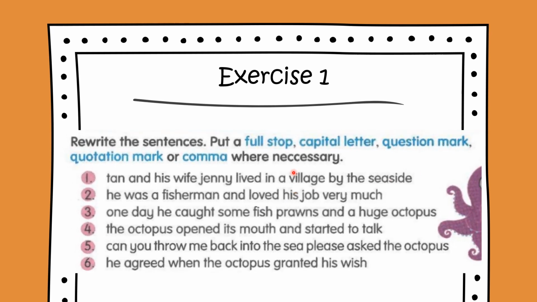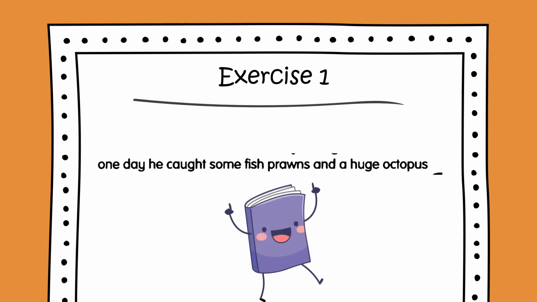So by now, I hope you have fully understood the correct usage of punctuation. Can you continue to do number 3, 4, 5, and 6 by your own? So here I give you the clue.